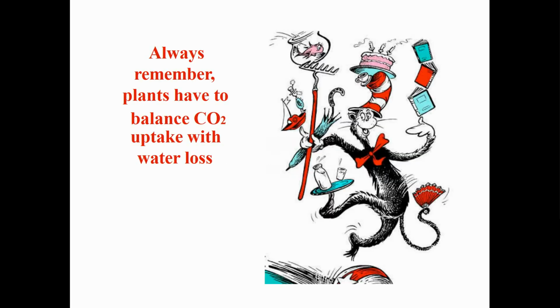So the first thing you need to remember is that the plant is always going to be balancing this idea of carbon dioxide with water loss. Remember, we were talking about it in water relations, how the plant does a balancing act. And now you're going to see that this balancing act starts getting a little bit more intense. Instead of just walking on a balance beam, you now have to balance a cake on your head as well.